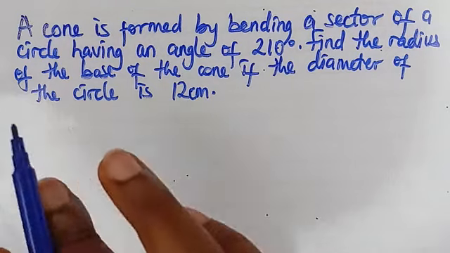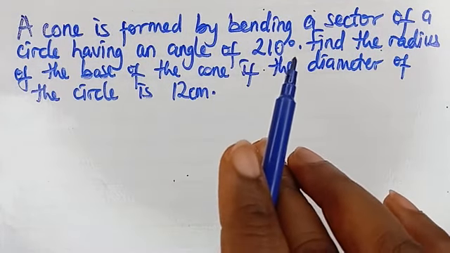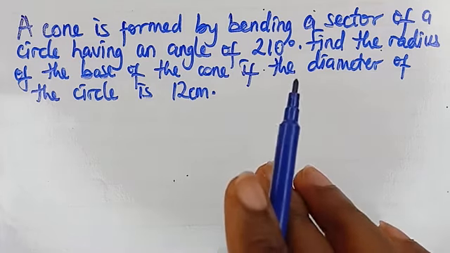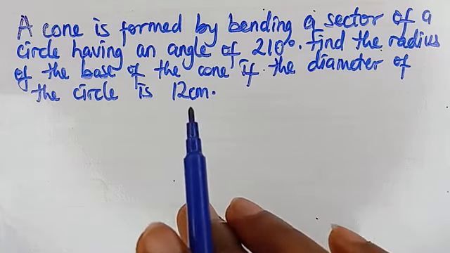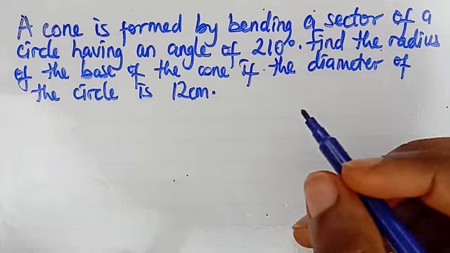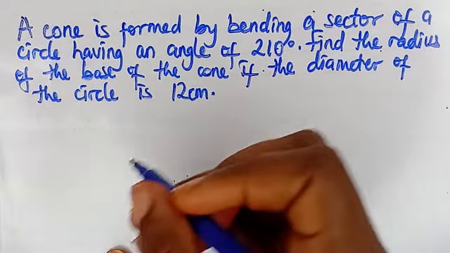A cone is formed by bending a sector of a circle having an angle of 210 degrees. Find the radius of the base of the cone if the diameter of the circle is 12 cm. So we're going to show pictorially the sector of the circle first.